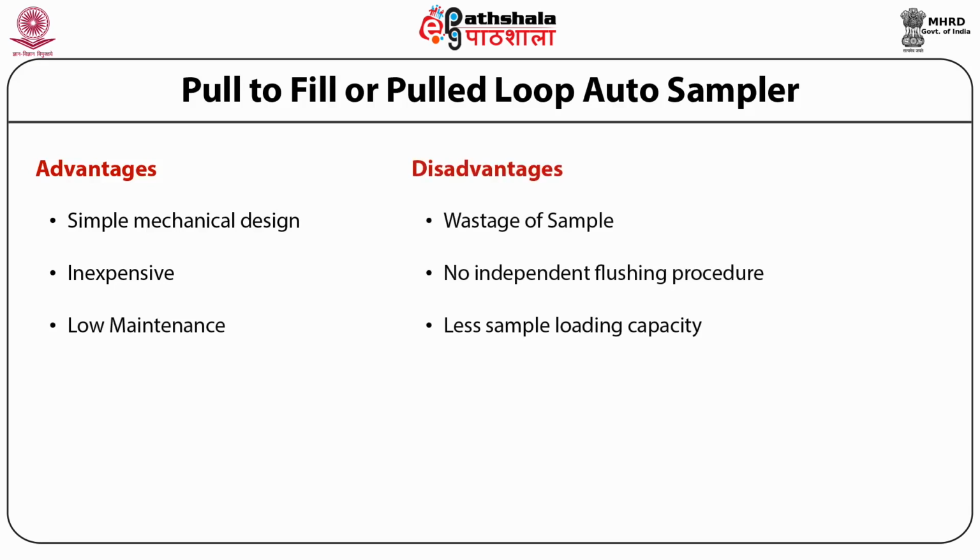Some drawbacks are, however, associated with these: a considerable amount of sample, up to 100 microliters in some cases, is required for complete filling of the needle and tubing before it reaches the sample loop. Excess sample thus goes to waste. Since the sample is drawn from the vial one after the other in a mechanized way, the vials should be kept sequentially in the tray. After every injection, washing is required.